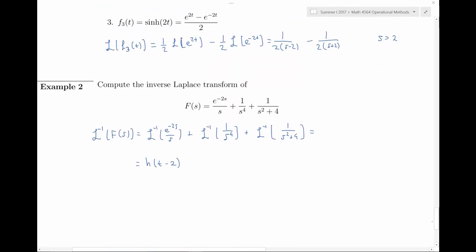So what I need to do is to bring these constants inside. But when I multiply by 6, I also have to balance it out by dividing by 6.